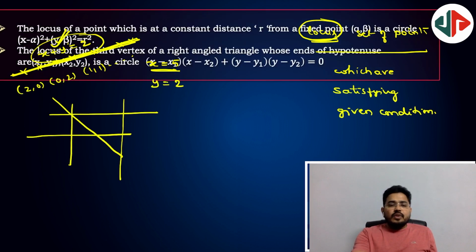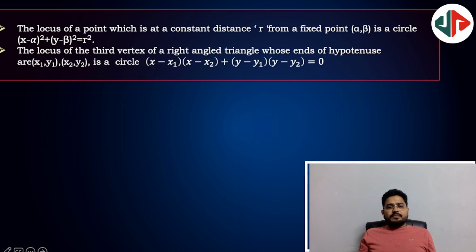So, now here I'll be discussing another thing. It's related to the circle. What are we talking about here? We are talking about the locus of a point which is at a constant distance from a fixed point (alpha, beta). That is called a circle.